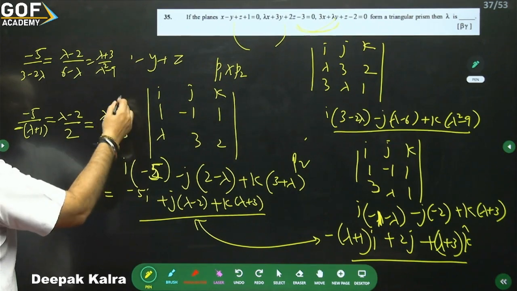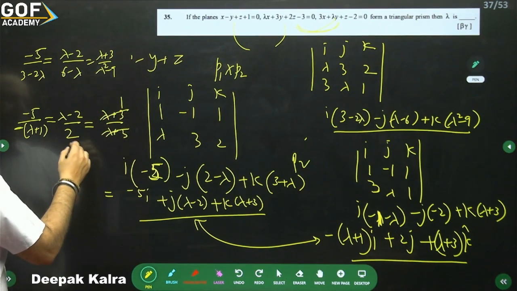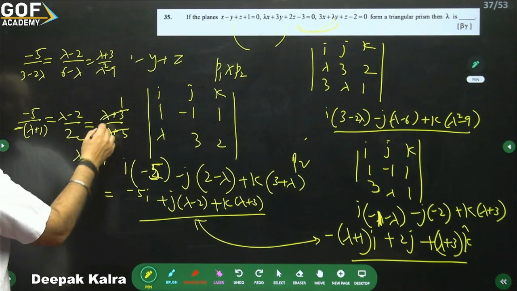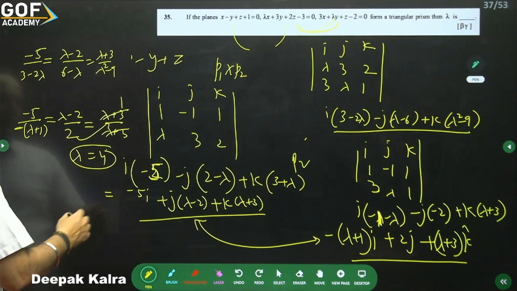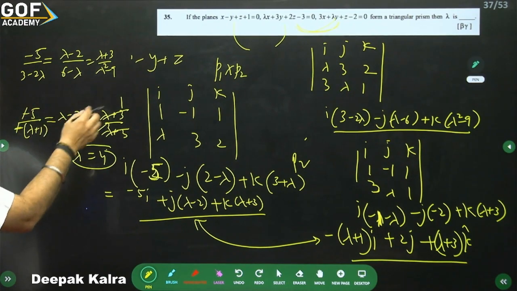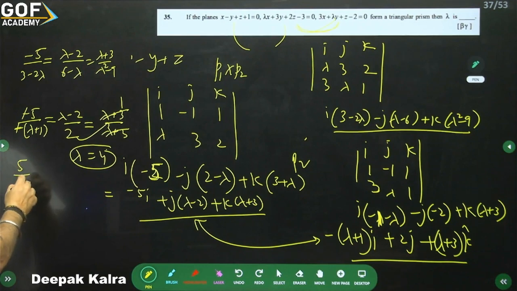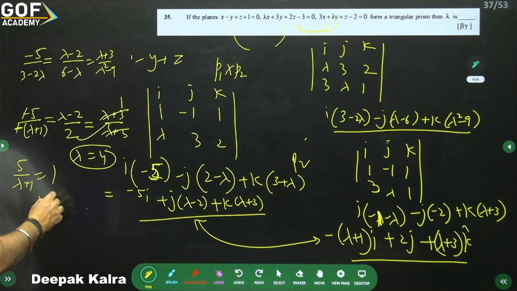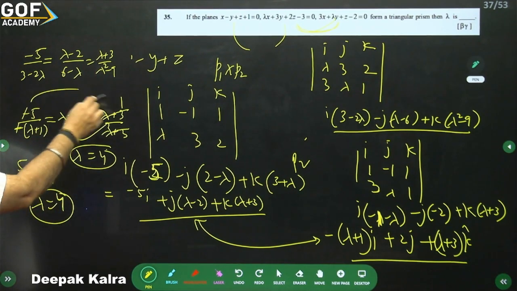This becomes 1 and lambda becomes 4 from this place. If I take this with this, 5 over (lambda plus 1) equals 1, and lambda is 4 from this place as well. Okay.